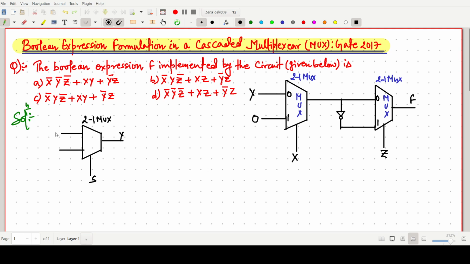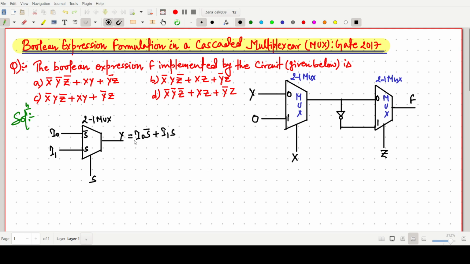If the inputs are I naught and I1, and the select is S bar and S, depending upon S we select either I naught or I1. So this y expression is simply the sum of products term: y is I naught S bar plus I1 S.